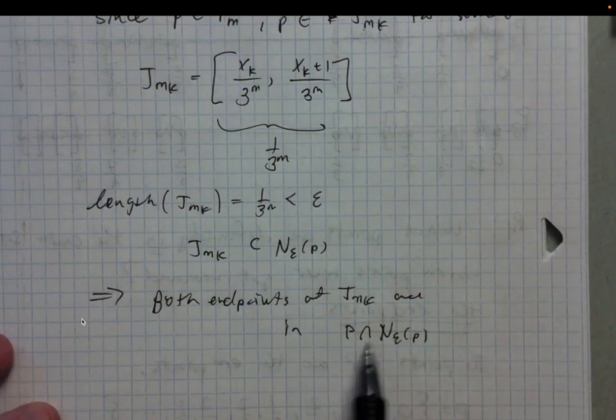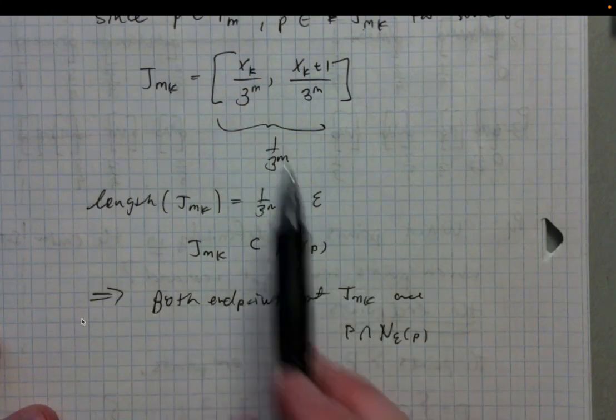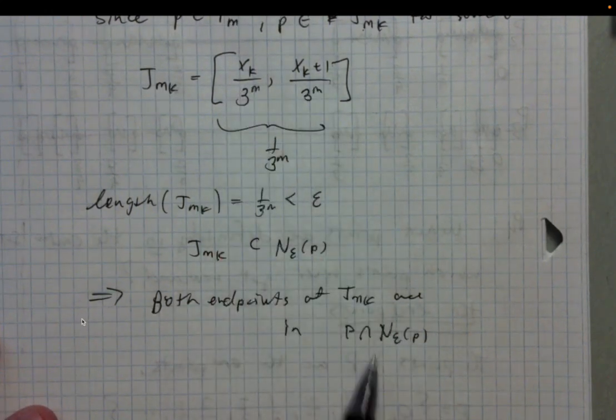So this is the Cantor set. Both of the endpoints of this interval are inside this epsilon neighborhood. The definition of a limit point is that no matter how small an epsilon you give me, I can find another point in the set that is in that epsilon neighborhood.